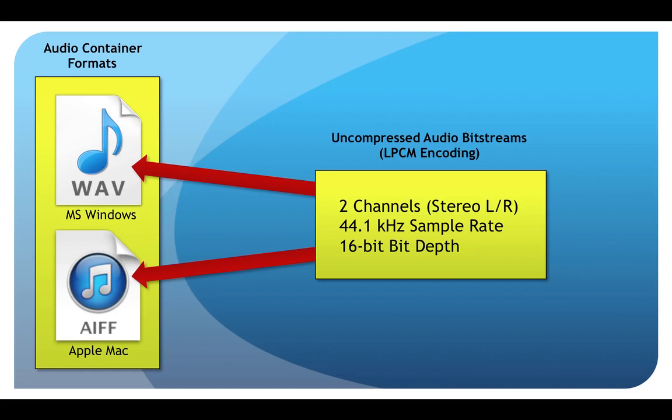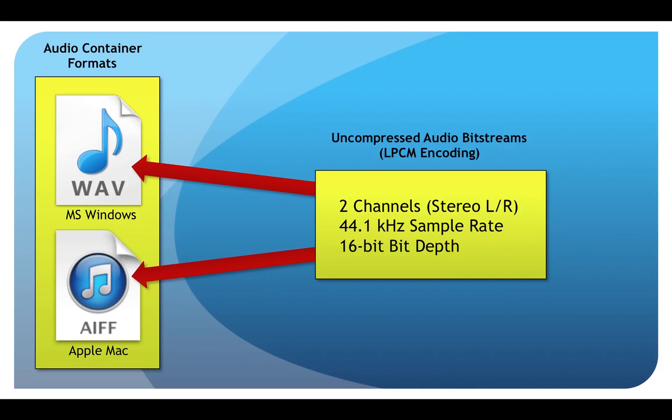So if we were able to open up a WAV or an AIFF file and look inside of it, we would see uncompressed audio bit streams. Those bit streams represent the channels of audio that are associated with the recording. Now, most audio recordings just have two channels of audio, a left channel and a right channel. This is the normal setup for a two-channel stereo recording.